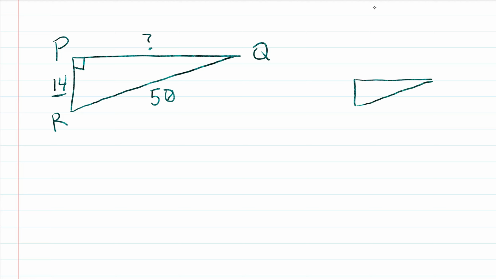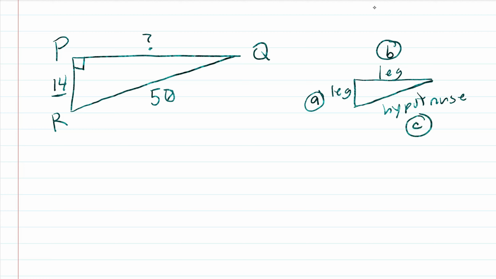So that's a leg right there, that's a leg right there, and that's the hypotenuse we just talked about. So you have two legs and the hypotenuse. We'll call this side A and this side B, and they're interchangeable. The only side that is not interchangeable is the longest side, the hypotenuse, and that's usually known as side C.